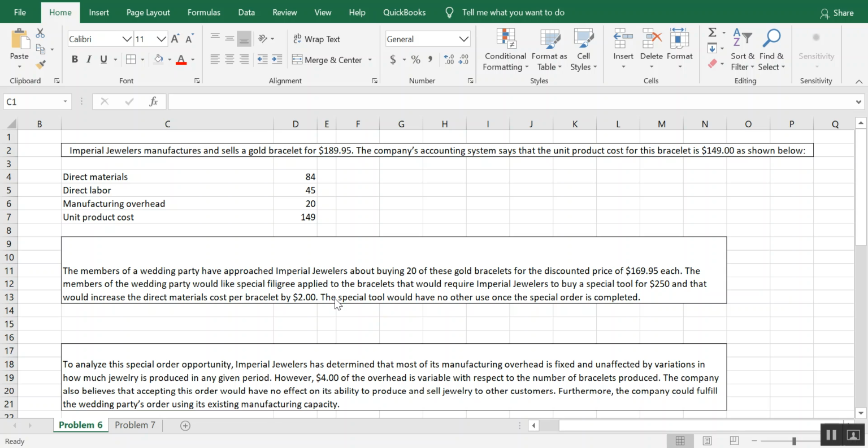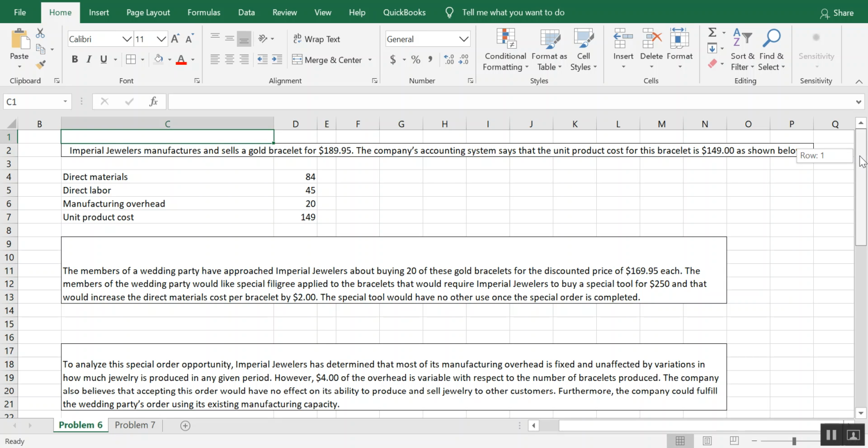The members of the wedding party would like special filigree applied to the bracelets that would require Imperial to buy a special tool for $250, and that would increase the direct materials cost per bracelet by $2. The special tool would have no other use once the special order is complete.